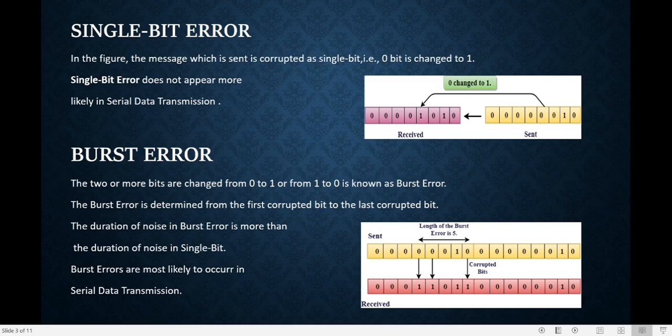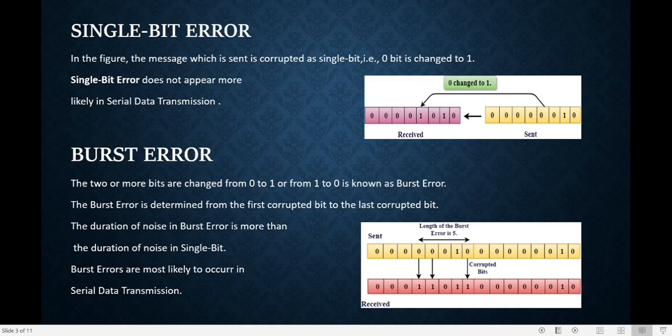Let's see the figure. In the figure, the sent data is 0, but the received data is changed to 1. The message which is sent is corrupted as single bit, that is 0 bit is changed to 1. This is known as single bit error.